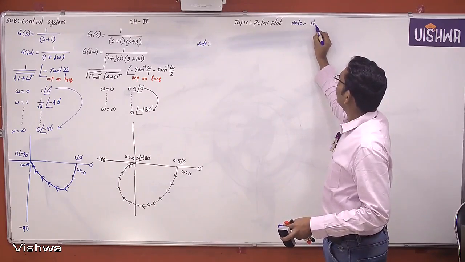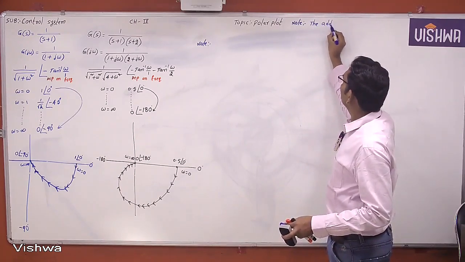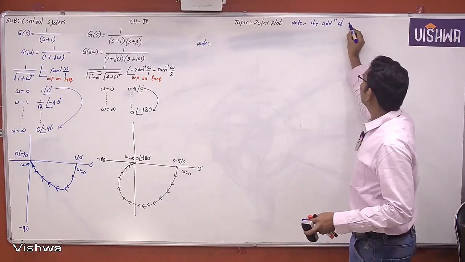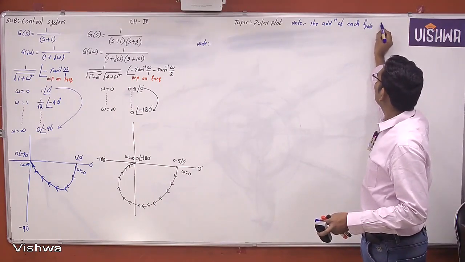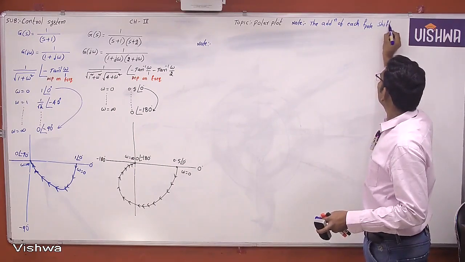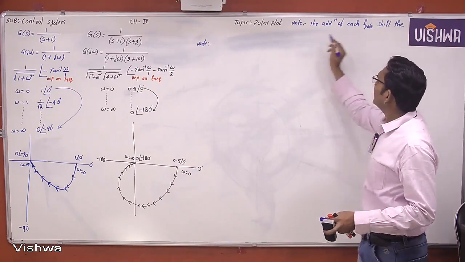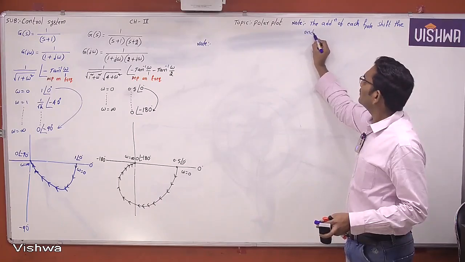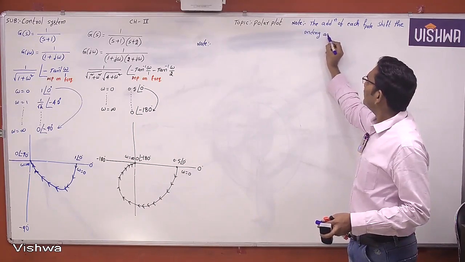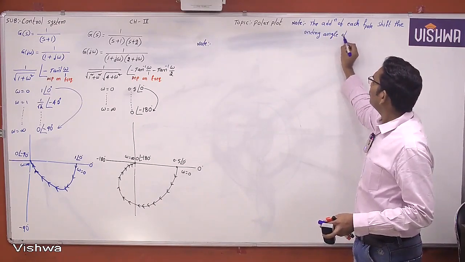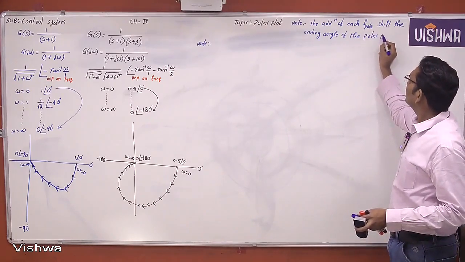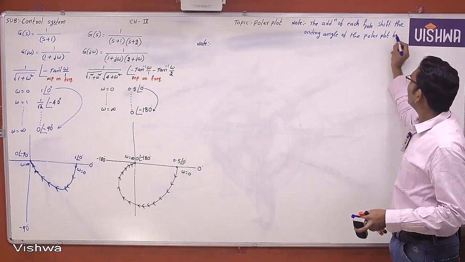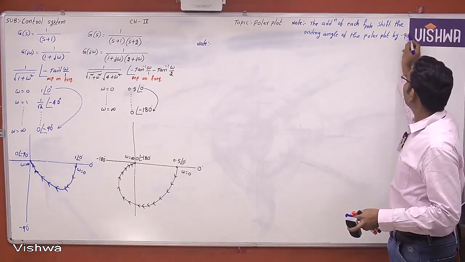The addition of each finite pole shifts the ending angle of the polar plot by minus 90 degrees.